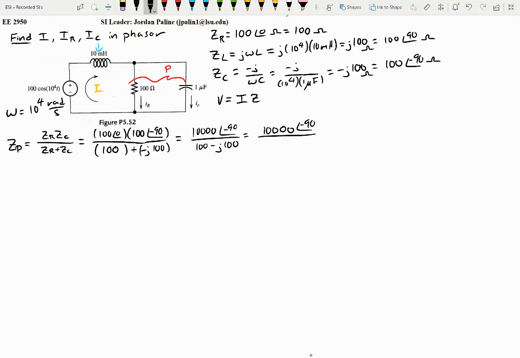So this will be 141.42. Then our angle is going to be negative 45 degrees.